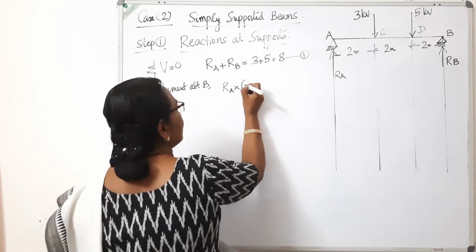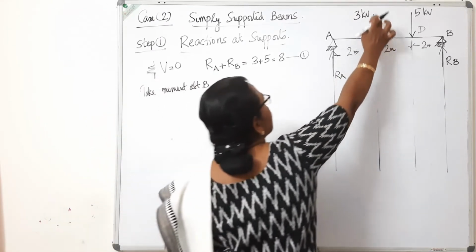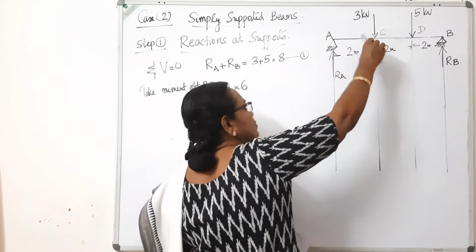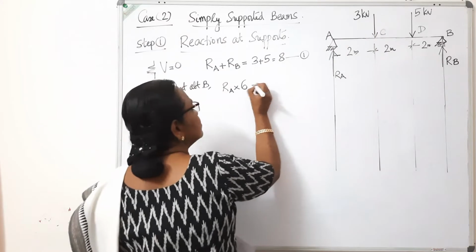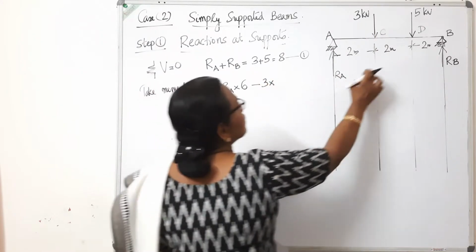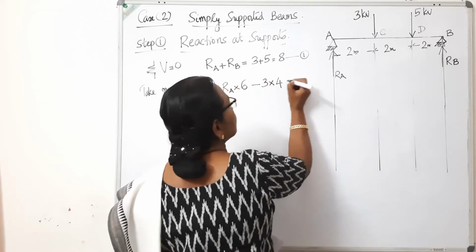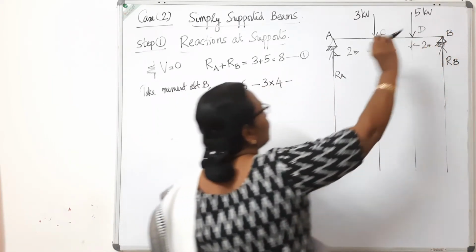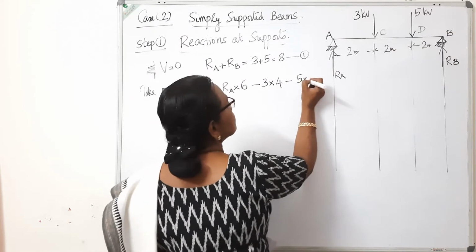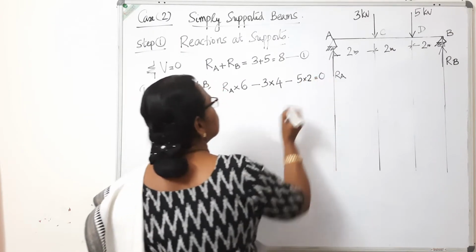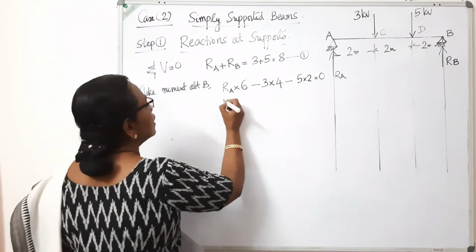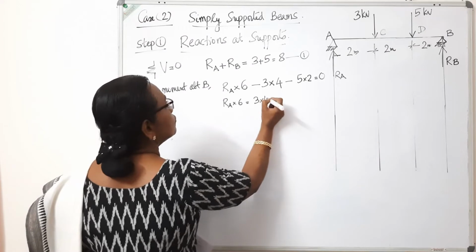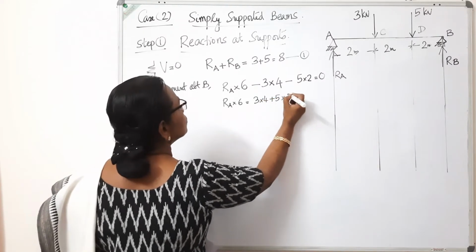RA into 6 clockwise. This 3 is acting down. If you take moment about B, it will produce anti-clockwise. So, minus 3 into distance 4, minus this 5 produces anti-clockwise moment, 5 into distance 2 is equal to 0. Or we'll get RA into 6 is equal to 3 into 4 plus 5 into 2.